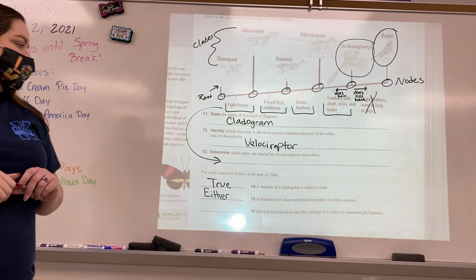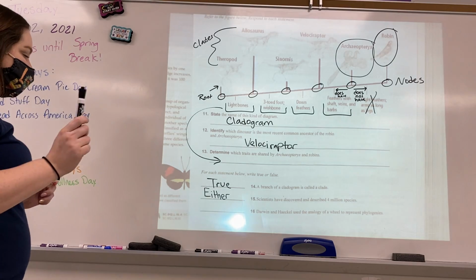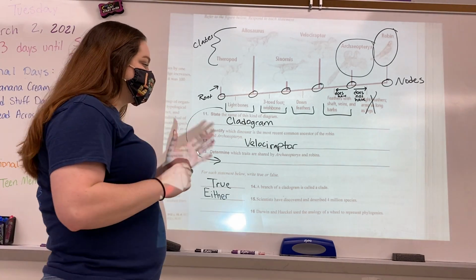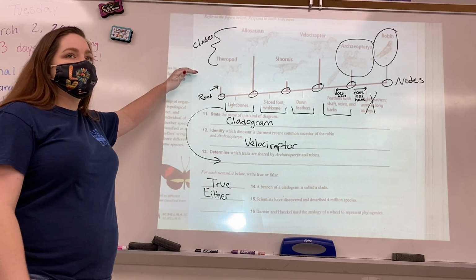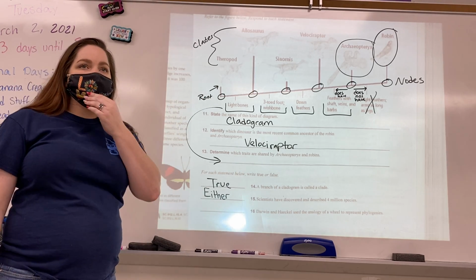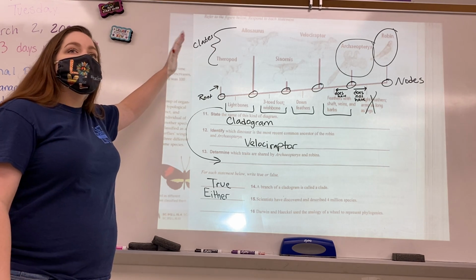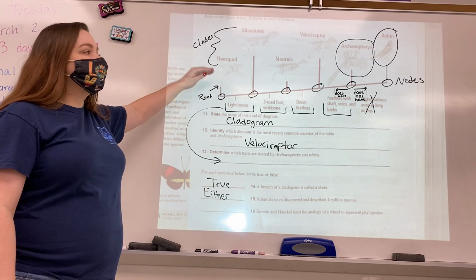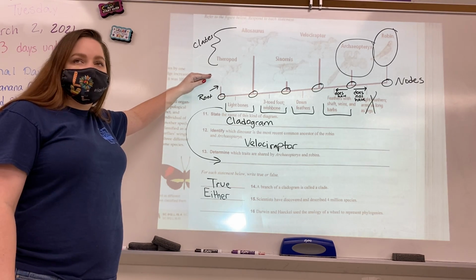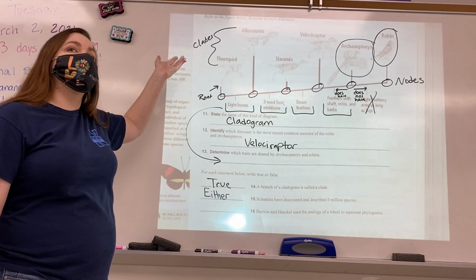All right, last one. Number 16, Darwin and Haeckel used the analogy of a wheel to represent phylogenies. So in your PowerPoint, we talked about cladograms, and then we talked about a phylogeny tree. Both of these, this cladogram and the phylogeny tree, are both phylogenies. So do these look like wheels, or do they look like tree branches coming off of a tree trunk?